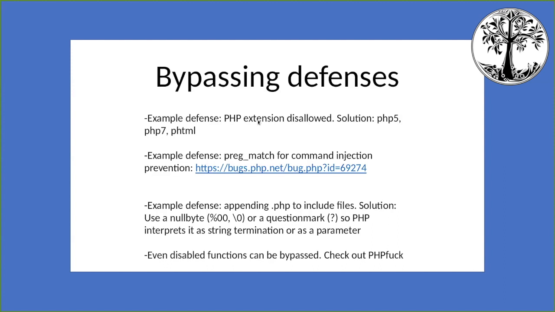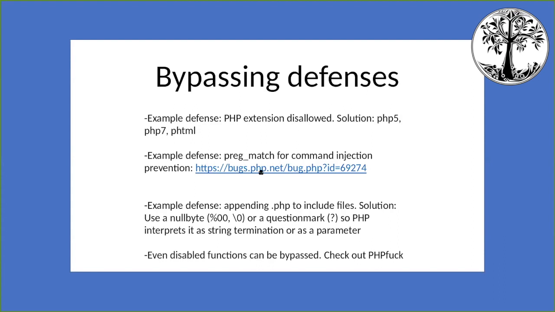For example, if you have a PHP extension disallowed in a file upload, you can always use other extensions that are also executed by PHP. The same goes for filtering many inputs. For example, for command injection, many web apps in PHP use the function preg_match, which is really like a regular expression whitelist.